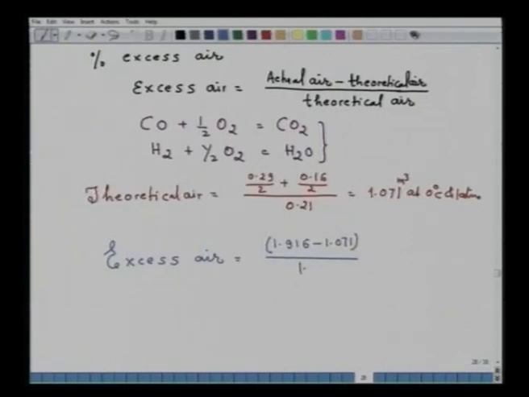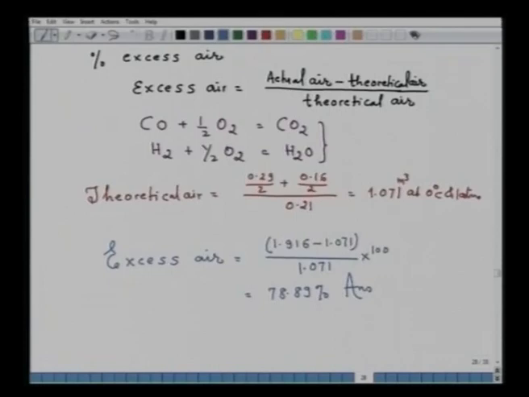You have to divide by 1.071, that is the theoretical air, and multiply by 100, because excess air is always referred with reference to the theoretical amount of air. So, this excess air in this particular case comes out to be 78.89%, and that is the answer for the excess air in percent.